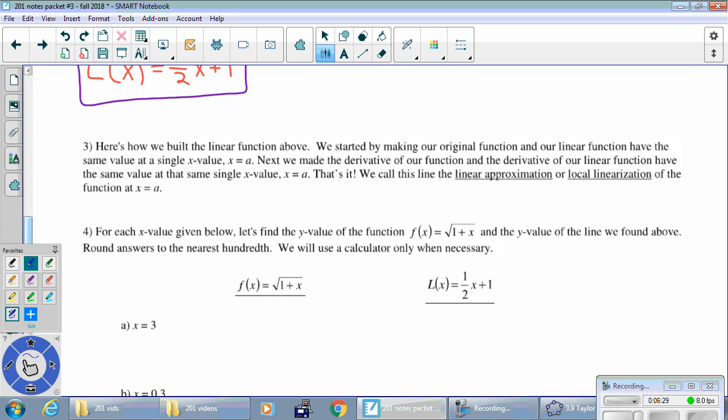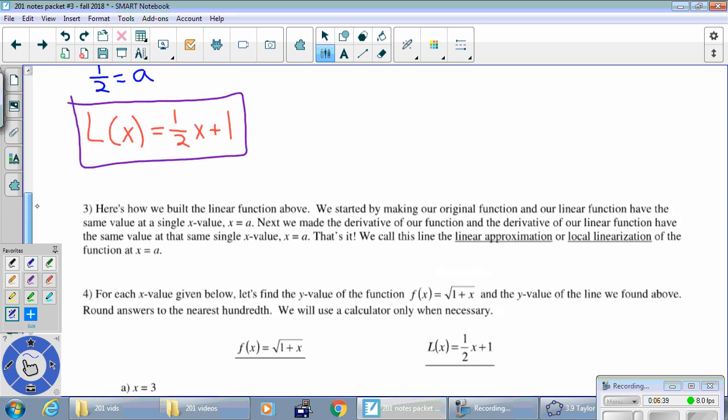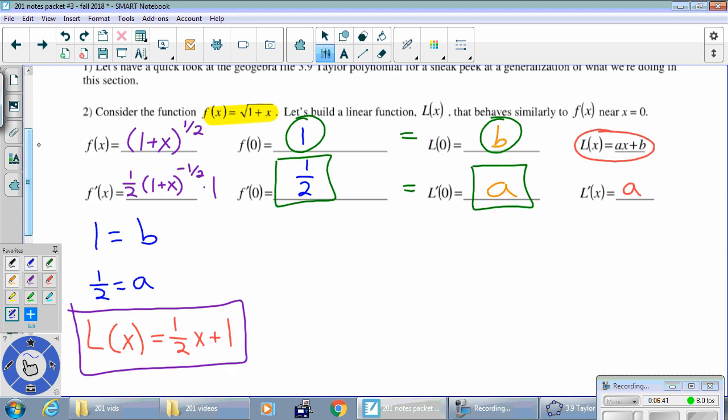That's it. We call this line, the one that's up there in the purple box, the linear approximation or the local linearization of the function at x equals a. In this particular case, the x value was 0, and that has to be given in the problem, near x equals 0.